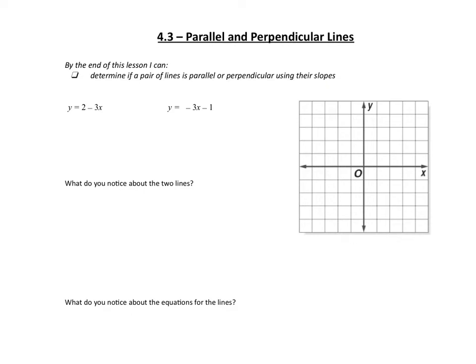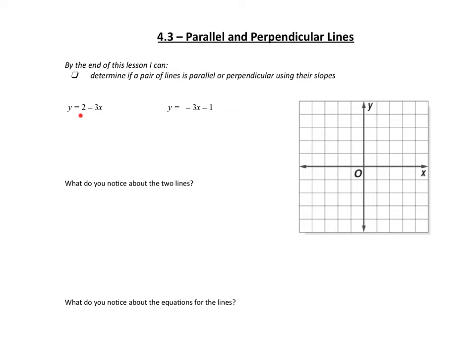So to start off, I've got two linear equations, and we're going to graph them on the Cartesian grid that I have here on the side of my screen. Both of these equations are in y equals mx plus b format. This one here on the right is very clearly identifiable as being in that format. It's got a y equals an m value, the x, and then a b value.